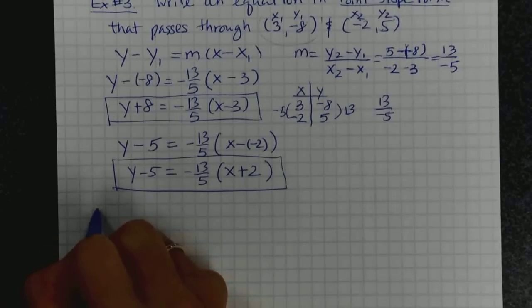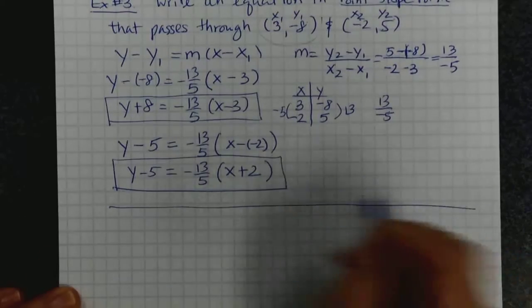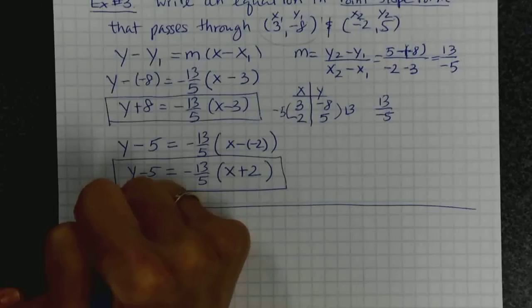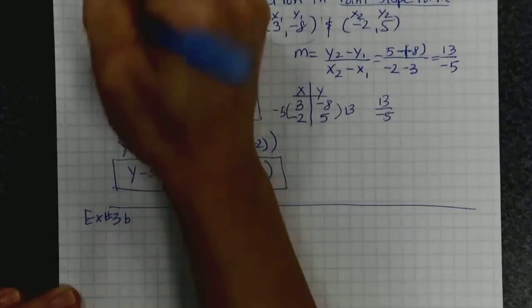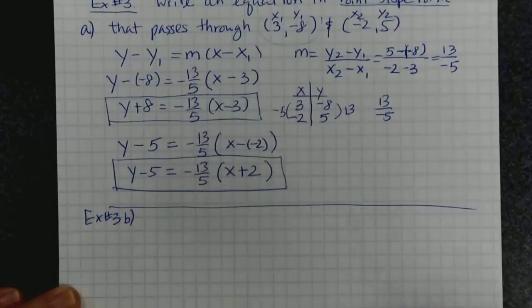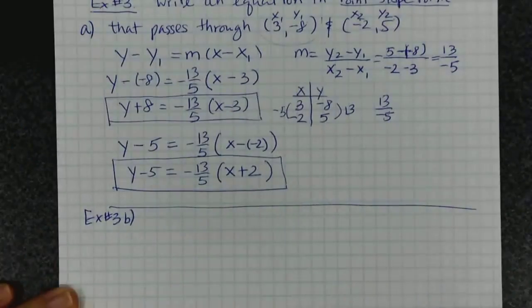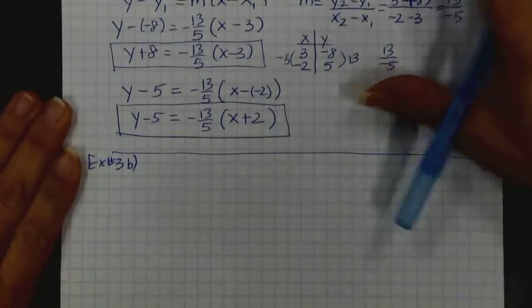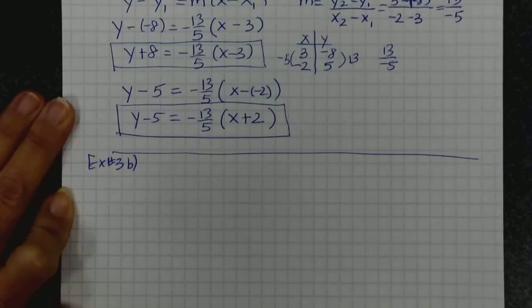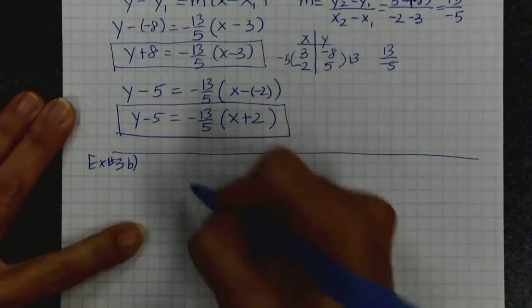And then in another example, let's call this example number 3b. In 3b, I'm going to give you a graph, and in this graph, I want you to write an equation in point-slope form and also in slope-intercept form.